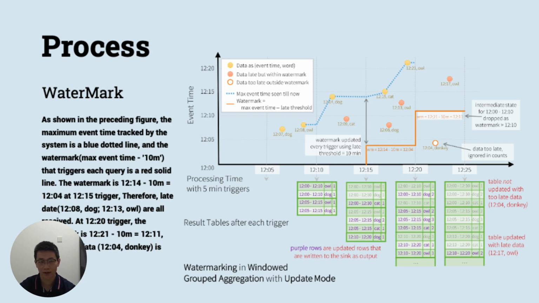So the 12:09 data point represents its event time, but it arrives after 12:10. So it has a delay, but we will still process it. Why? Because at 36:03, it falls within the accepted window for watermark calculation, which we will explain later.